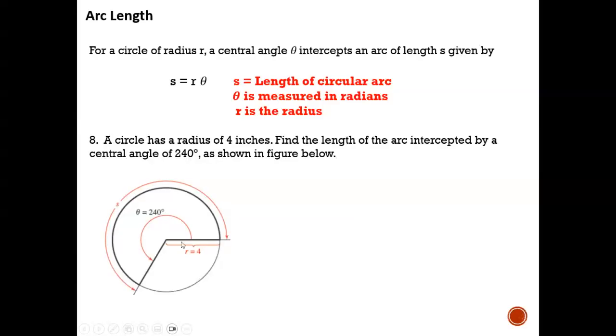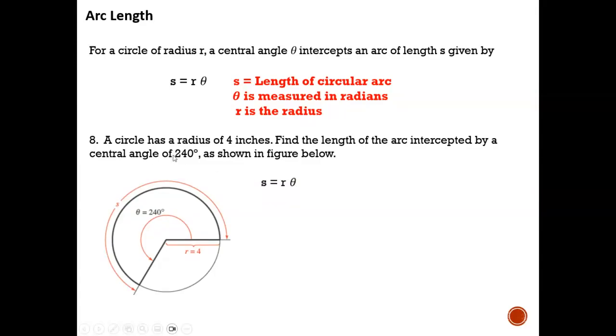We need to know the radius value of that circle, and then we need to know the angle that we have right here that makes that arc length. The angle value needs to be in radians though, and then we just plug it into our formula. The arc length S, we just multiply the radius times theta. However, theta has to be in radians.